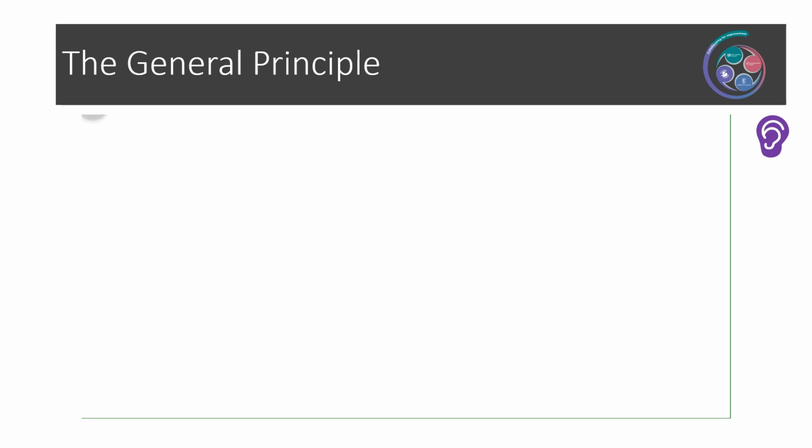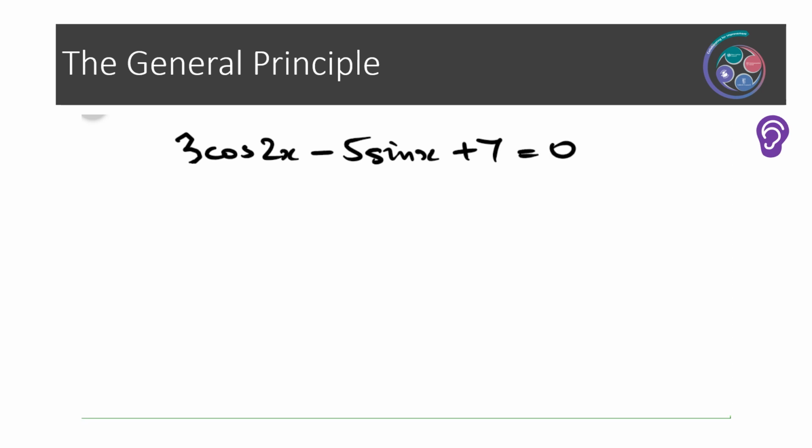In general, to solve a trig equation, we're going to take some sort of horrendous looking equation, something along the lines of 3 cos 2x minus 5 sine x plus 7 equals 0, something that involves double angles and sines and coses.